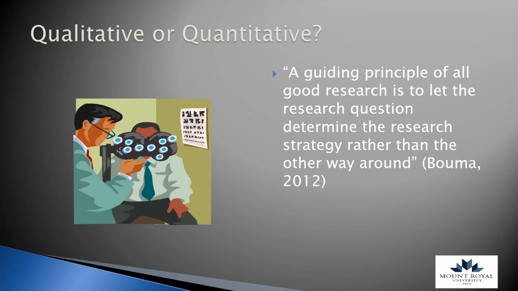So when investigating or studying something, it might be more clear that qualitative or quantitative might answer that question best. And as I mentioned, sometimes in some studies, we will combine both methods. We're going to look at that almost at the end of this course.